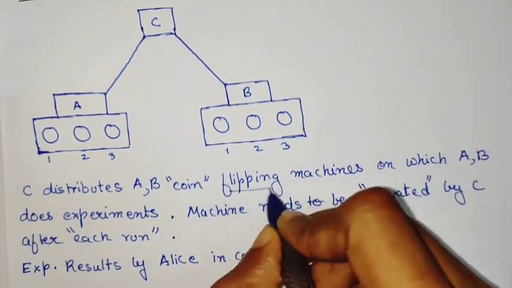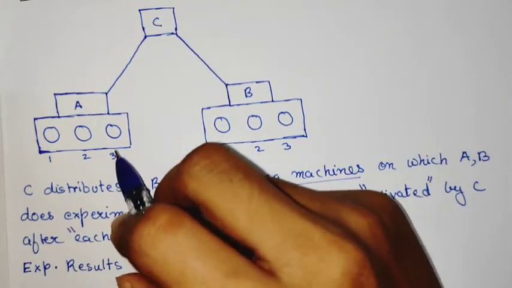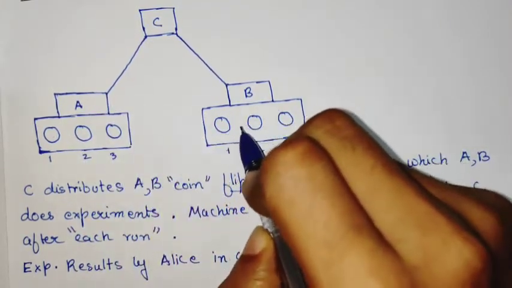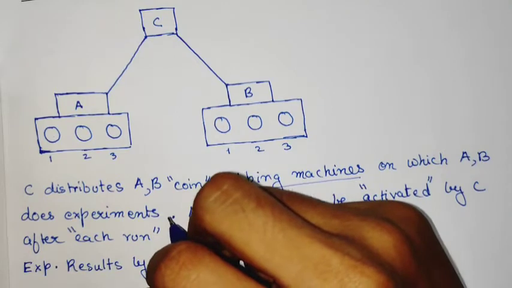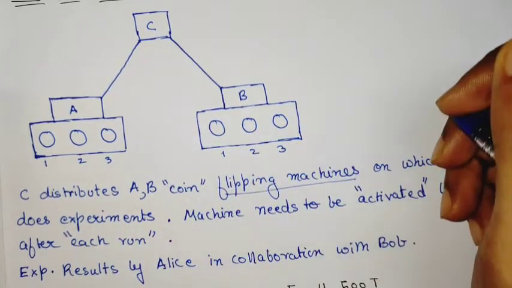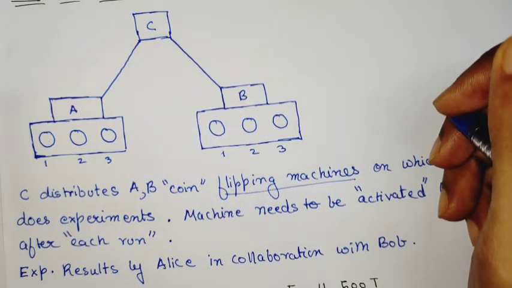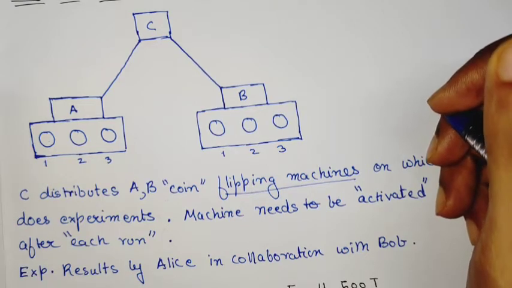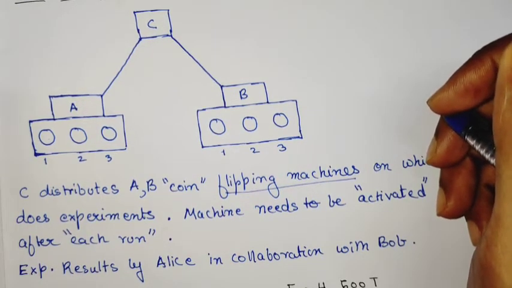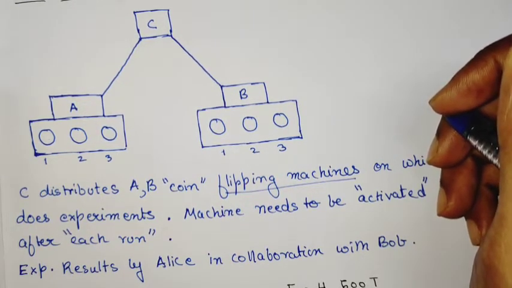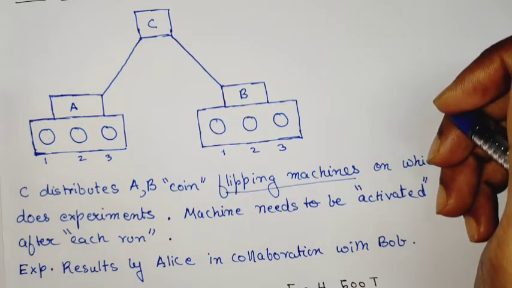He makes one for Alice and one for Bob. Alice and Bob are supposed to perform the experiment without knowing the internal working of the machine, and they are supposed to analyze the data, find out the correlations and all those things.